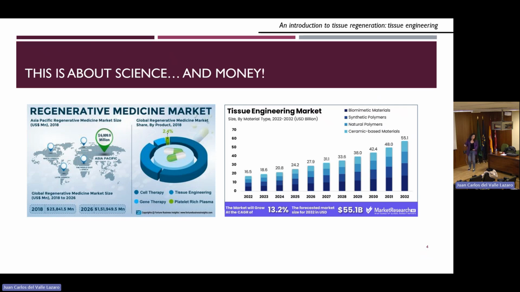As we are getting older, and much older with the years, we have to fix our tissues, and this is where tissue engineering comes in, but it's also a huge market in terms of money. The share of research and products in the market right now is about 16.5%, but it's supposed to be more than 50% in about 10 years. So it's worth doing research in this topic.